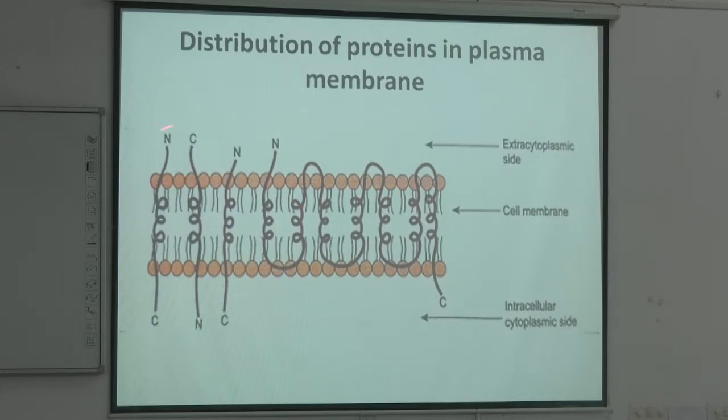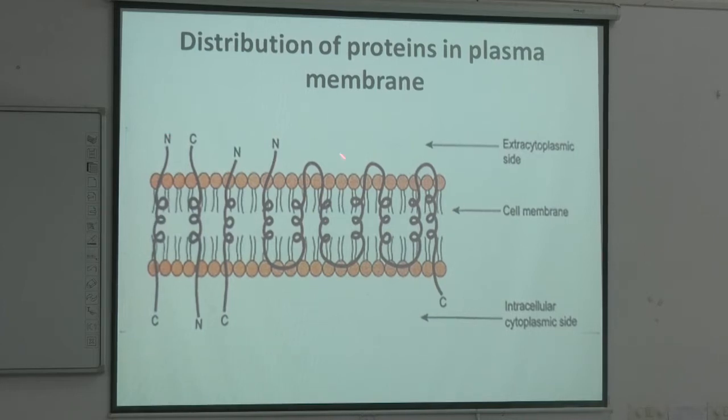So what will happen? Here some examples are there. Straight domain or the simple transmembrane domain: growth hormone receptors, insulin receptors. Growth hormone receptor and insulin receptor occur through a single transmembrane domain.